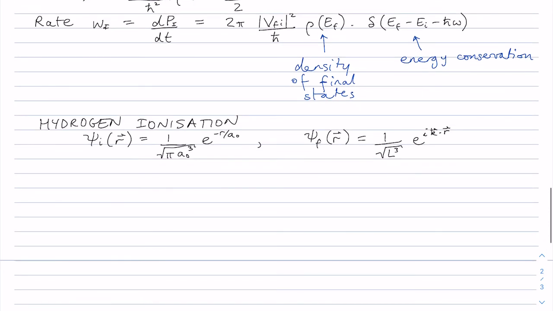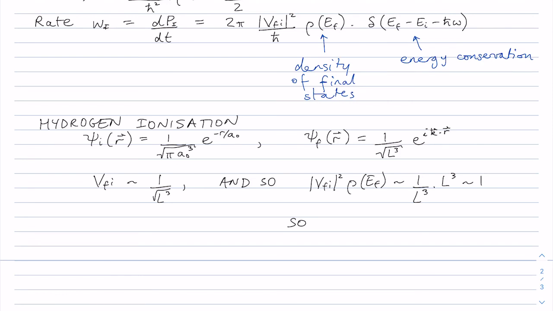And if you do this, then you see that V_fi is going to be proportional to 1 over the square root of L cubed. And so V_fi squared rho of E_F is going to be 1 over L cubed times L cubed, which is order 1. So dependence on the size of the box disappears.